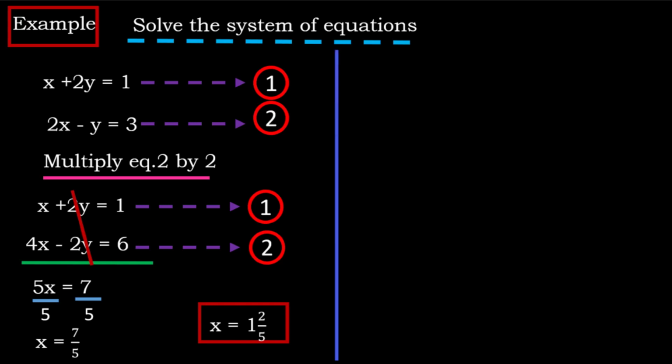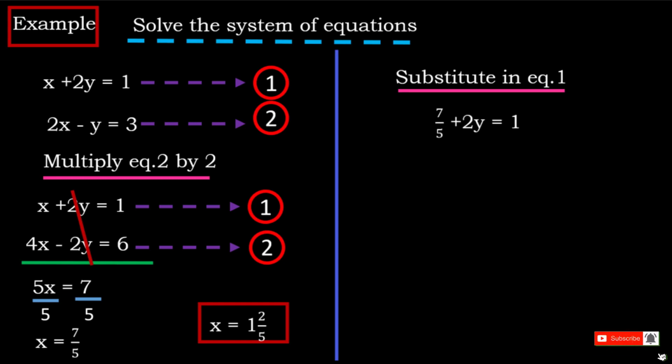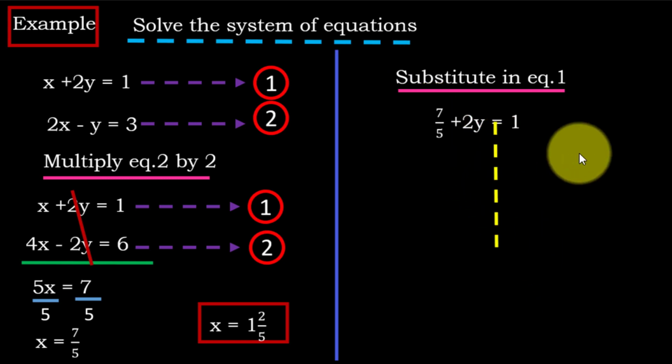To find the value of y, substitute in equation number 1. Now cancel x and write 7 over 5. 7 over 5 plus 2y equals 1. To find the value of y, solve for y. This is the second step. Now we subtract 7 over 5 from both sides.